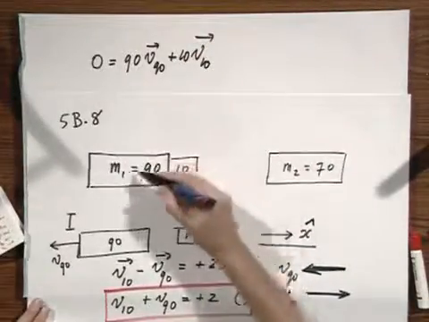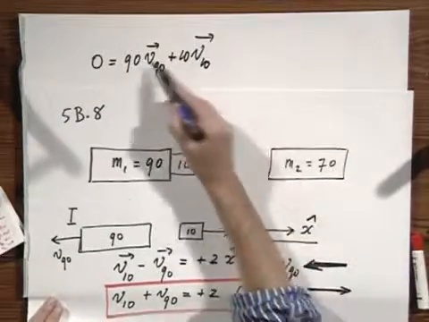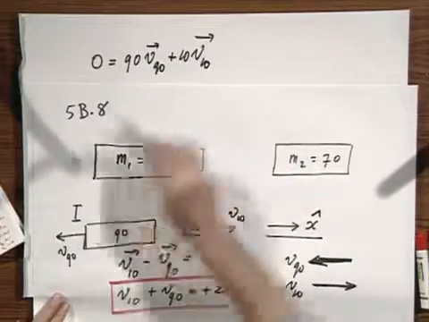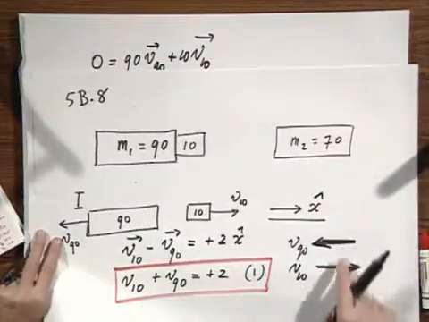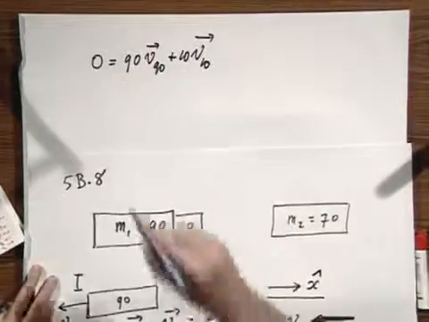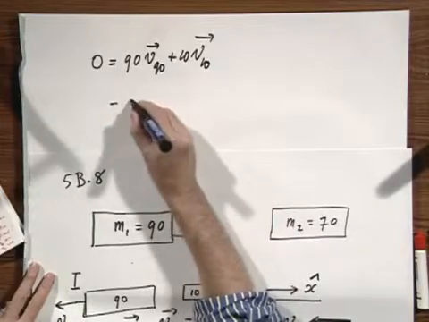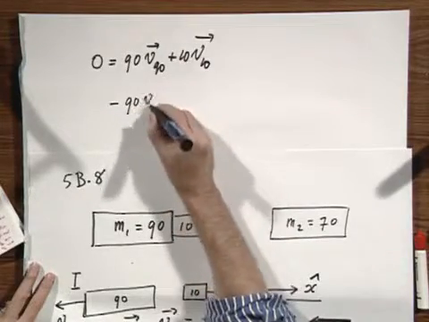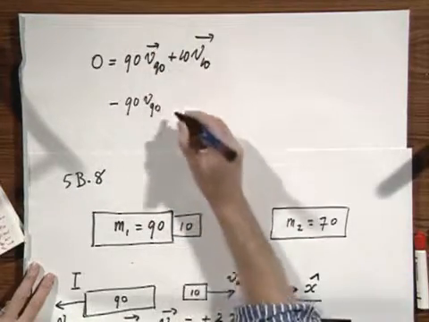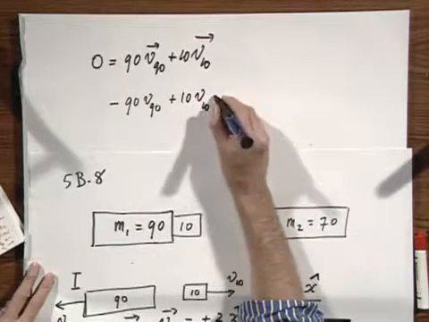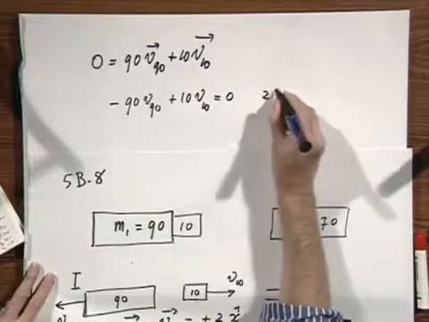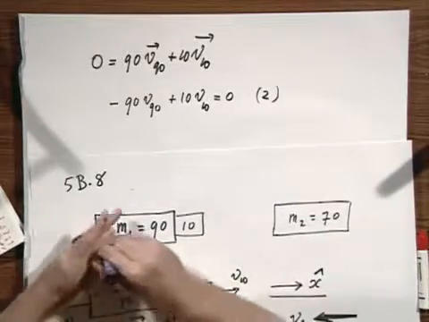This is the momentum I have before, and this is the momentum I have after. It's in vector notation. I play the same game with the minus signs, and so I can change this to minus 90 times V90, no longer bars, plus 10 times V10 equals 0, and I call this my equation 2.